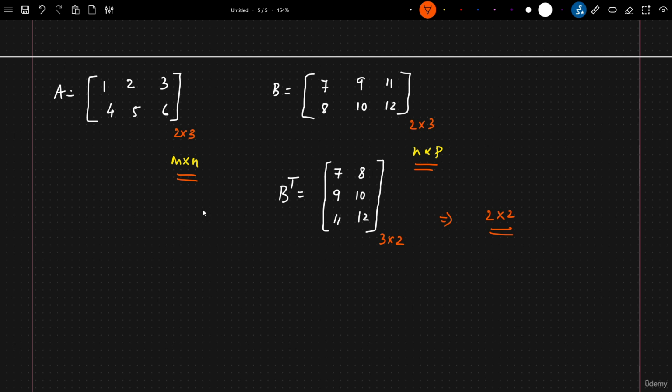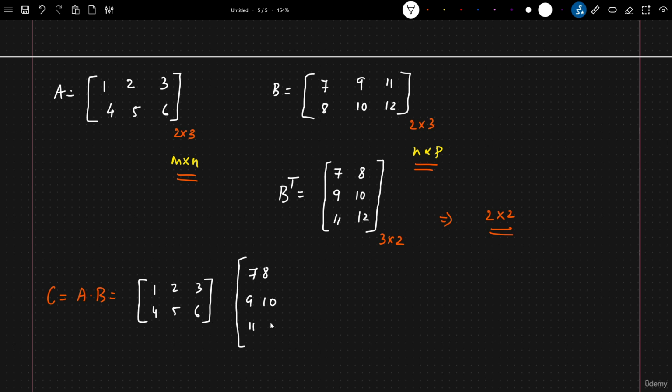As I said, if I want to calculate C, it is nothing but a dot operation. Here I have my A matrix: 1, 2, 3 and 4, 5, 6. And here I have 7, 8, 9, 10, 11, 12.